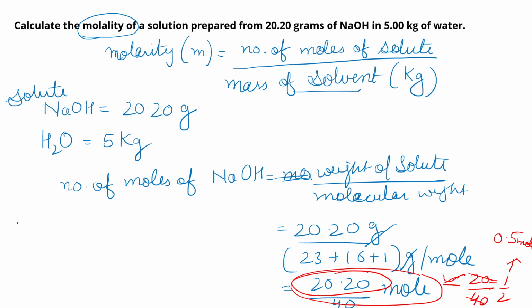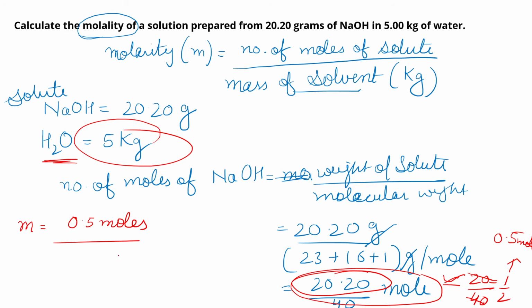Okay, coming to the formula, that is molality, number of moles of solute. Moles of solute we have calculated as 0.5 moles. The mass of solvent they have mentioned here, solvent is water. So mass of solvent is 5 kg. Molality is the number of moles of solute divided by mass of solvent in kg.